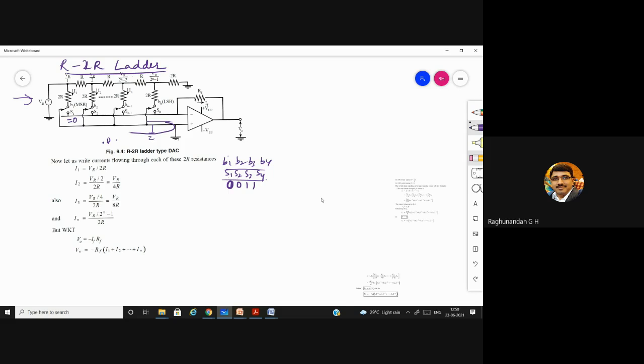Okay, let me know from your side. These lines, whatever we are having now, R, 2R and this 2R, are they parallel or what? And do they have the same voltage?